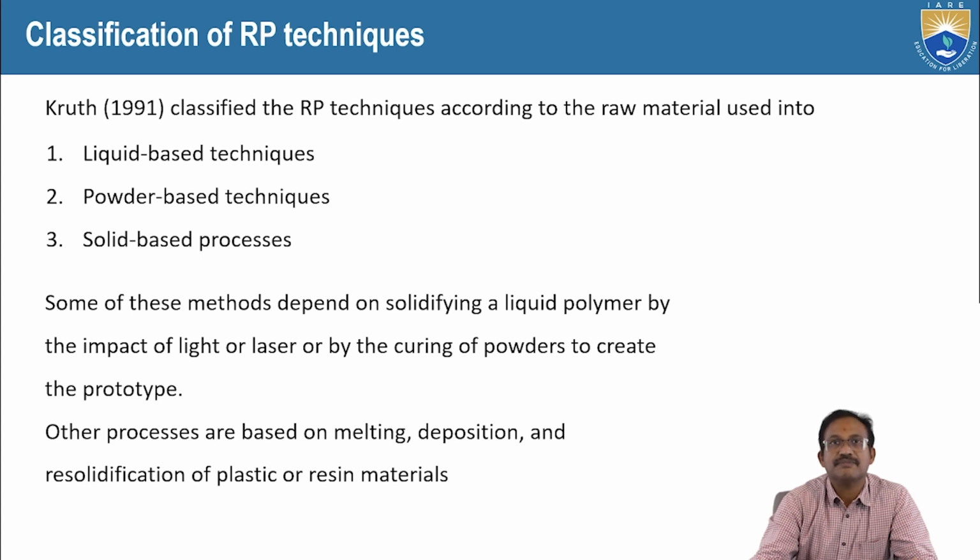Some of these methods depend on solidifying a liquid polymer by the impact of light or laser, or by the curing of powders to create the prototype. Other processes are based on melting, deposition, and resolidification of plastic or resin materials.